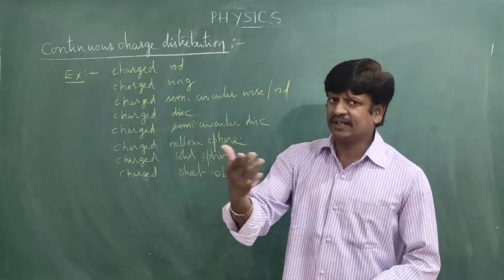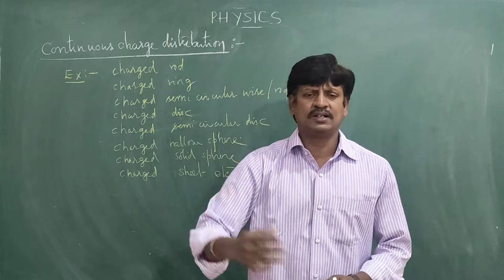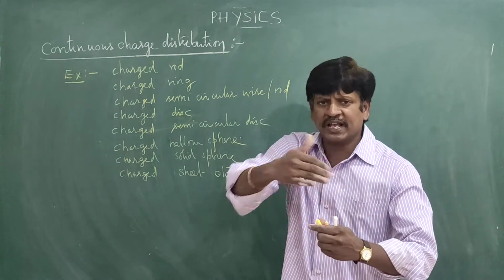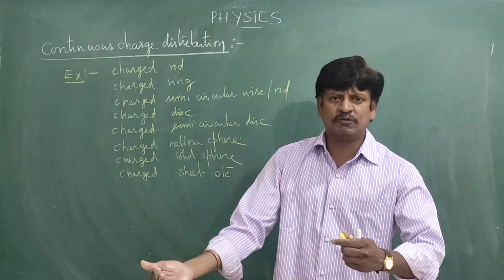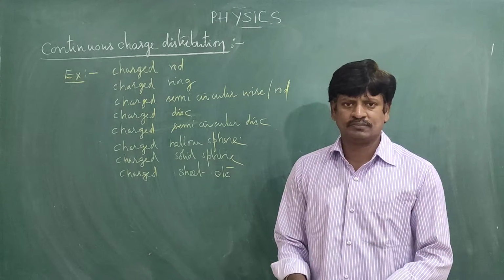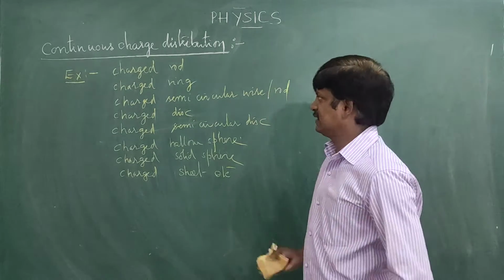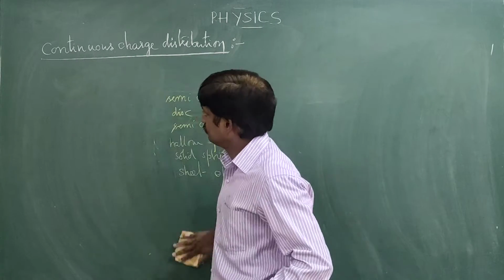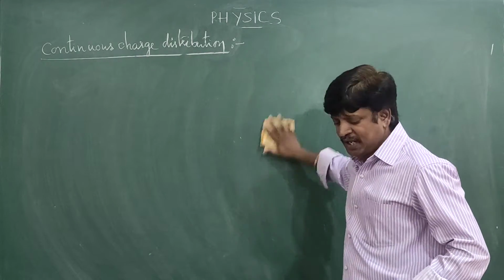We have seen this already in the chapter on system of particles and rotational motion, and the center of mass concept: mass per unit length, mass per unit area, mass per unit volume.